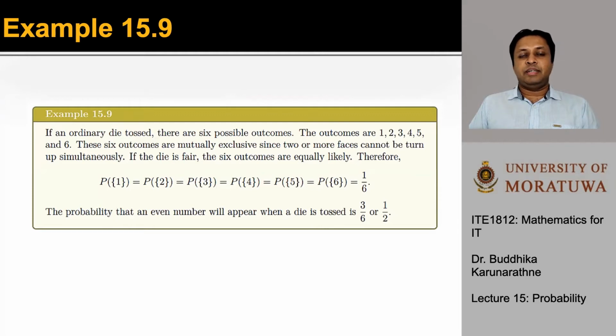The probability of getting any of the values from 1 to 6 is 1 over 6. The probability that an even number will appear when the die is tossed is 3 over 6, because we have 3 occurrences where we will get even numbers. That simplifies to 1 over 2, 0.5.